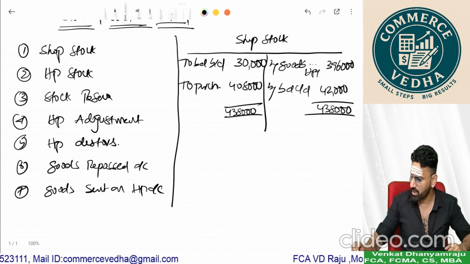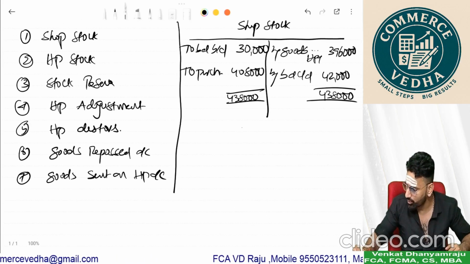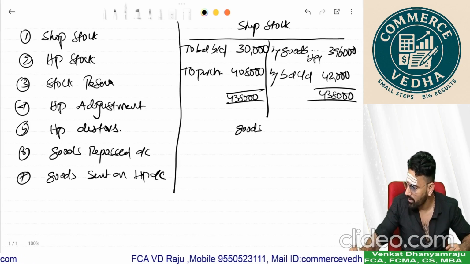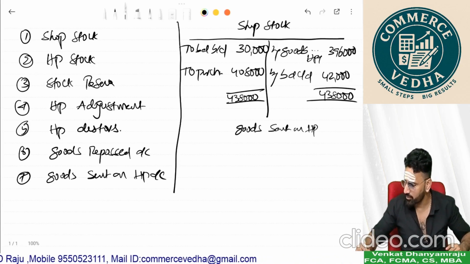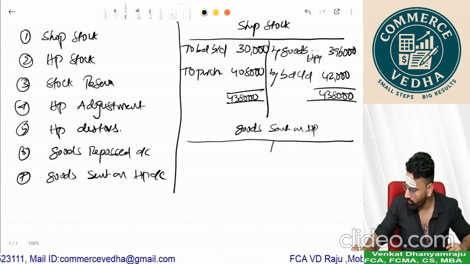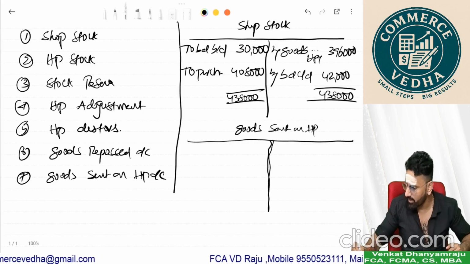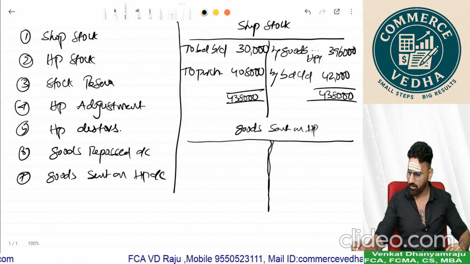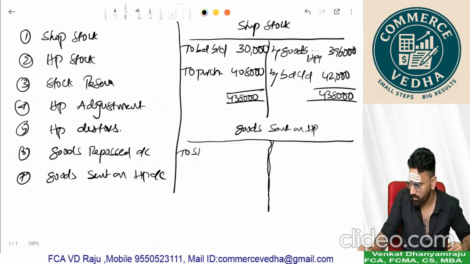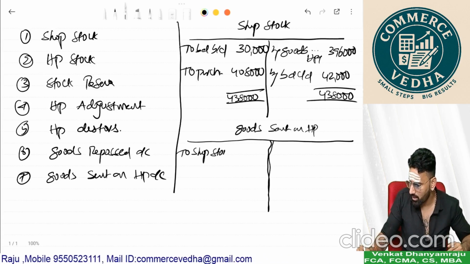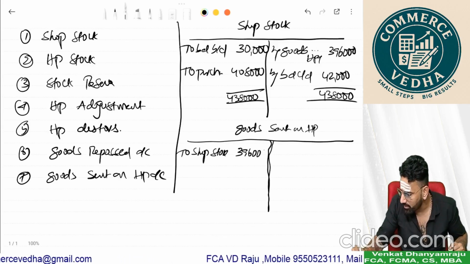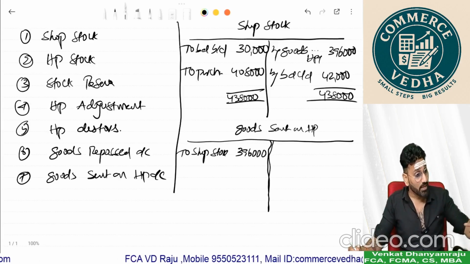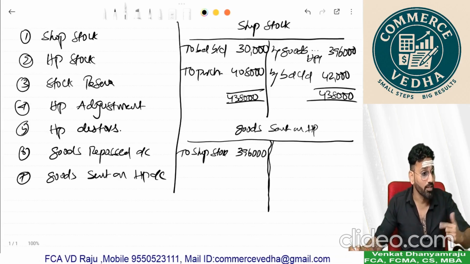Now the next important account is goods sent on hire purchase. From here it comes to this account. So we said by goods sent on hire purchase here, to shop stock. To shop stock how much? 3,96,000. However, it is sent to hire purchase stock with profit.